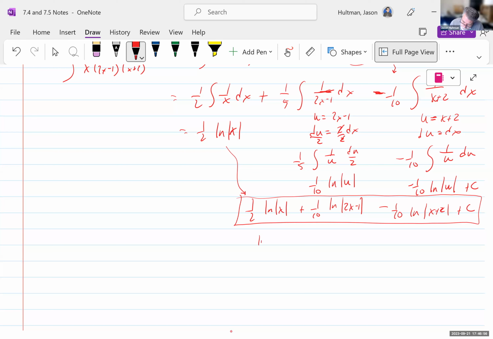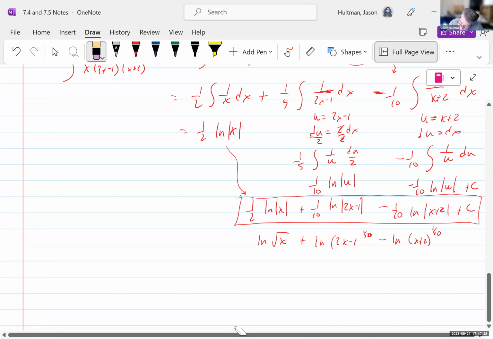So this is natural log square root of x plus natural log of 2x minus 1 to the 1/10 minus natural log of x plus 2 to the 1/10.